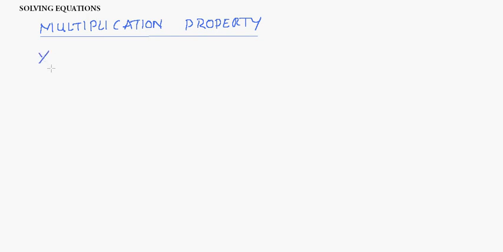For example, x divided by 5 equals 20 is an equation because it has two expressions separated by an equality sign. Now, using the multiplication property, we can see that the variable x is being divided by 5. Therefore, we take 5 to multiply each side of this equation.